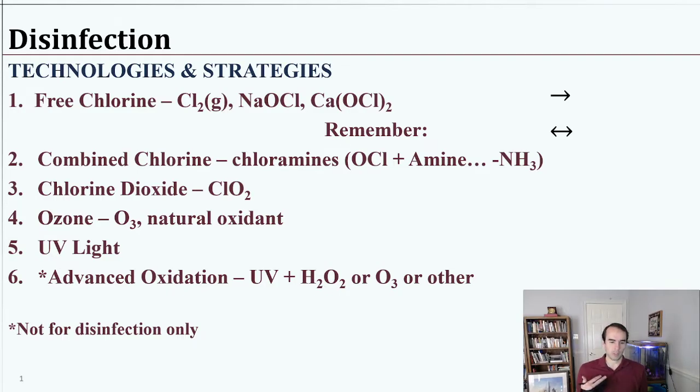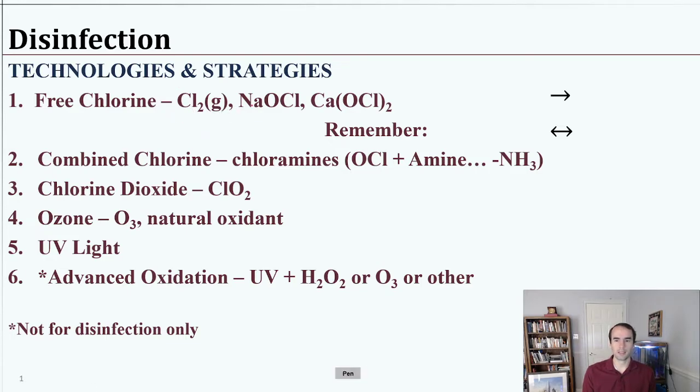So you probably all are very familiar with chlorine already. We use chlorine in a few different ways, however, and the first and most common would be free chlorine. Free chlorine being typically measured as Cl2 or perhaps as OCl. So we can apply it in the form of Cl2 gas, so chlorine gas.